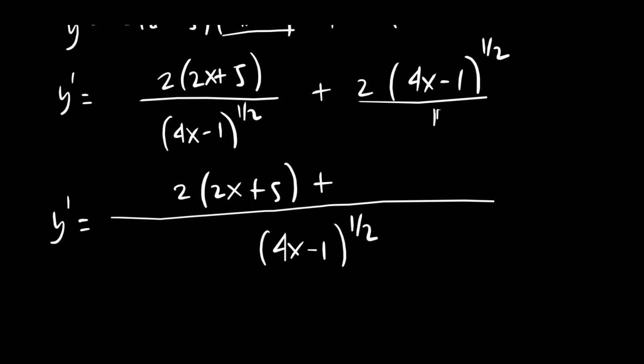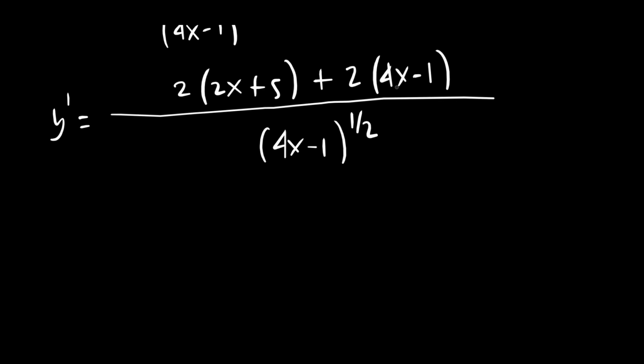So it's just itself, 4x minus 1 raised to the power of 1 half, multiplied by 2 multiplied by 4x minus 1 raised to 1 half, which is just equal to 2 multiplied by 4x minus 1, right? Because 1 half plus 1 half is just equal to 1.